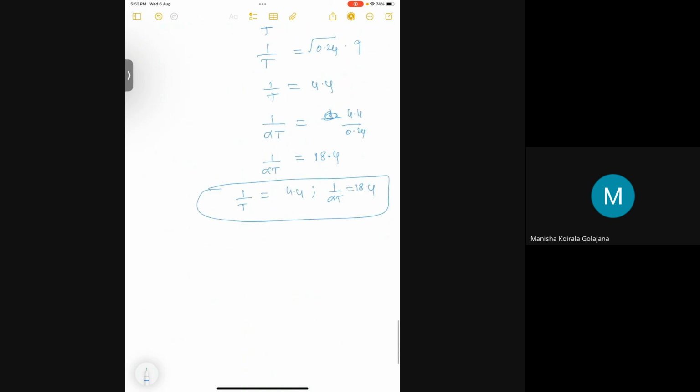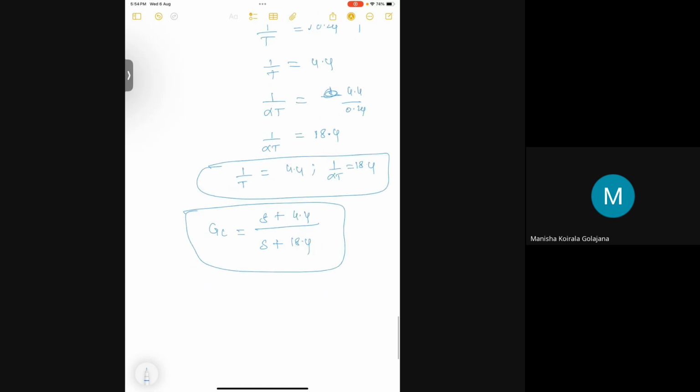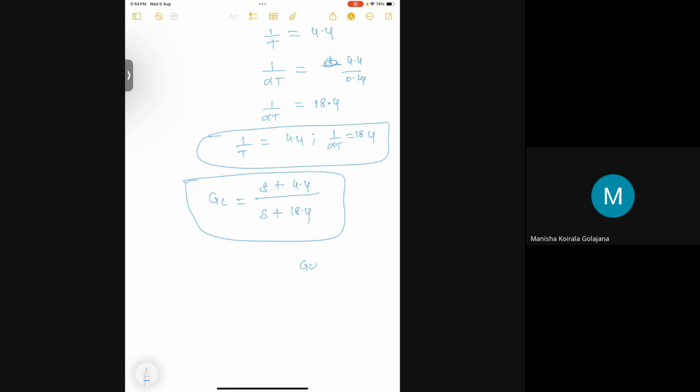And this is your whole system, like this: S plus 4.4 divided by S plus 18.4. This is your designed compensator. Now, what you are trying to do is, you have the DFS. You now design a GCFS. This is your RFS, YFS, HFS.